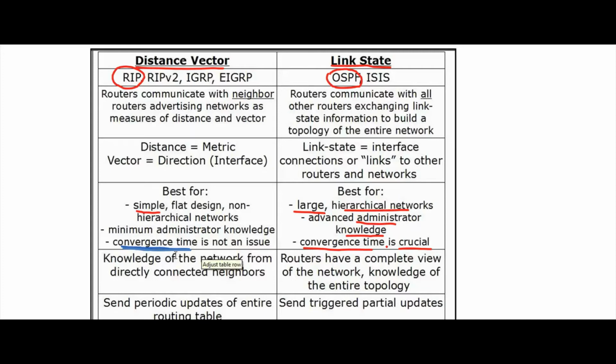Now we can go for the technical differences. What are the technical differences? In distance vector, the routers communicate with the neighbor routers, advertising the networks as a measure of distance and vector. That means the routers communicate only with the neighbors.